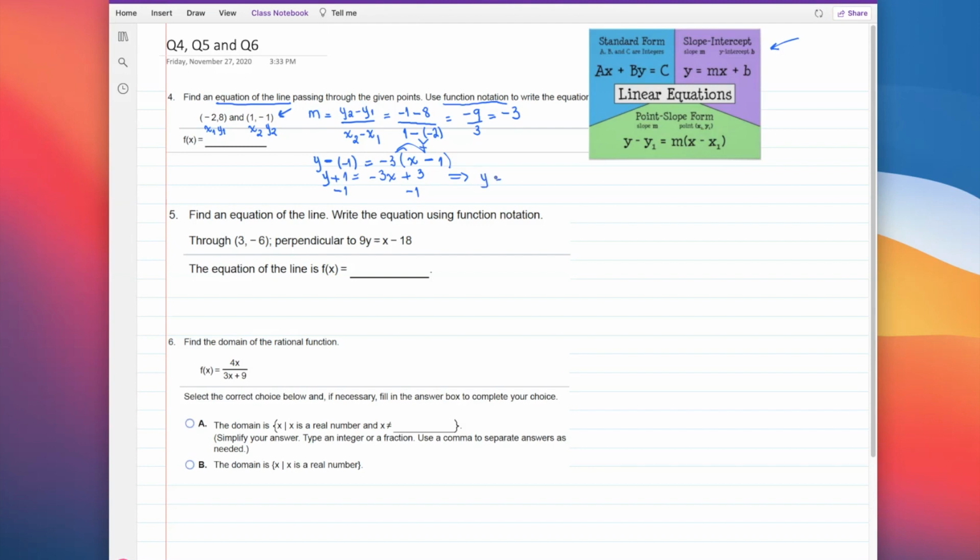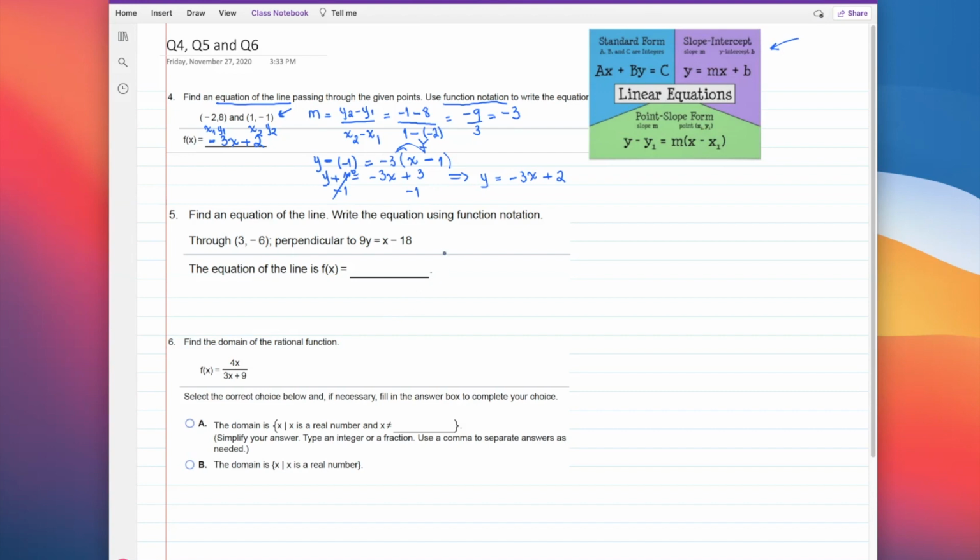Then y is by itself because this term disappeared. And now I have -3x plus 2. My y, I replace with the name of the function. The problem already gave me the name of the function to be f of x, that's the input. And the rule for this function is -3x plus 2.